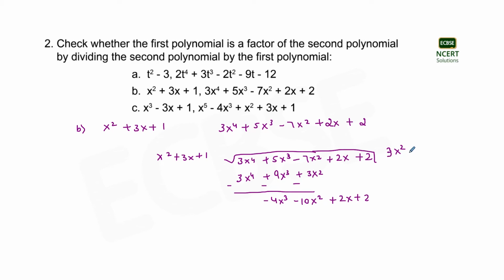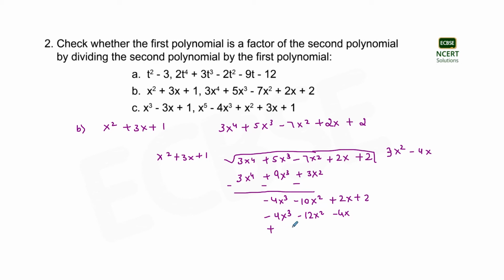So repeating it, we will obtain minus 4x on dividing minus 4x cube by the term x square. So here it will be minus 4x cube minus 12x square minus 4x.